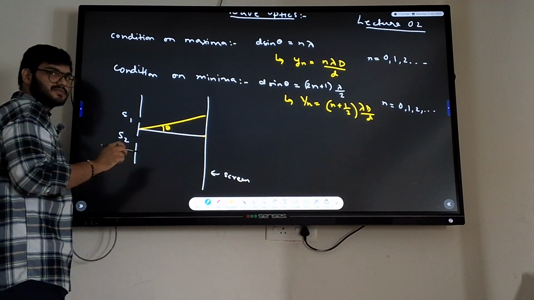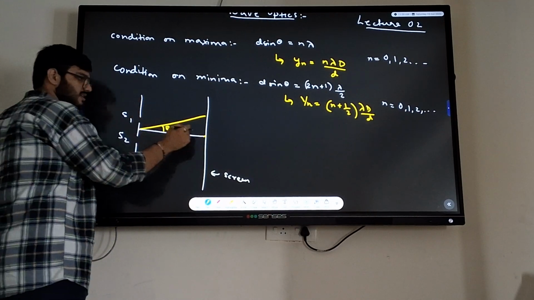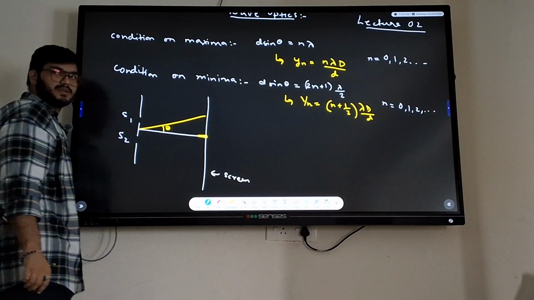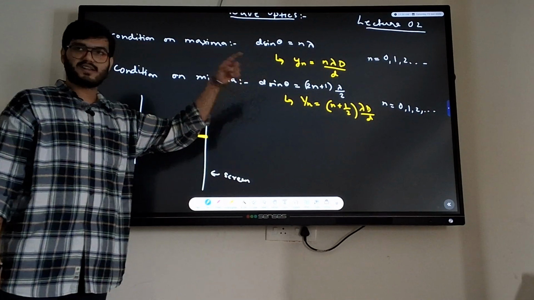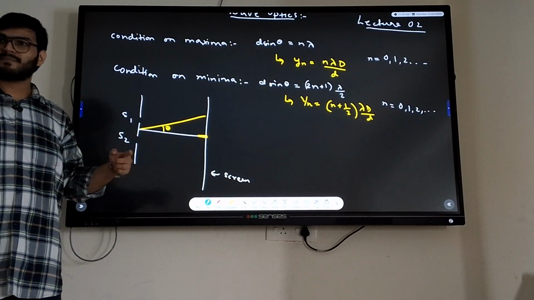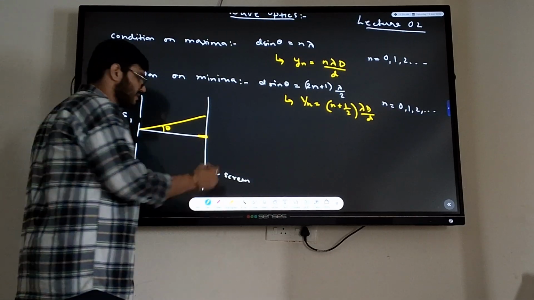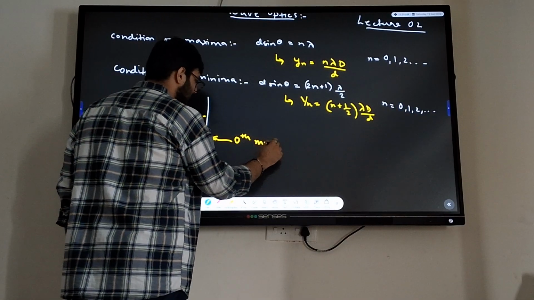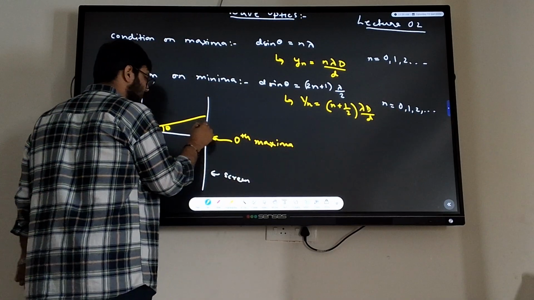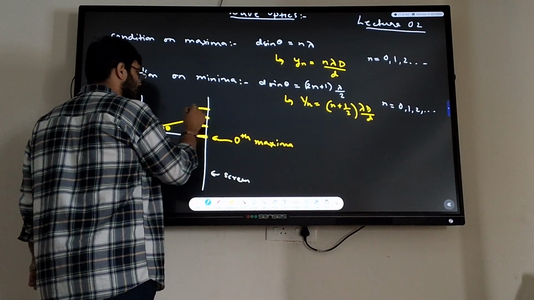If theta equals 0, that means you are here. Then theta equal to 0 and n equal to 0 corresponds to a maxima, and that maxima is called the 0th maxima.